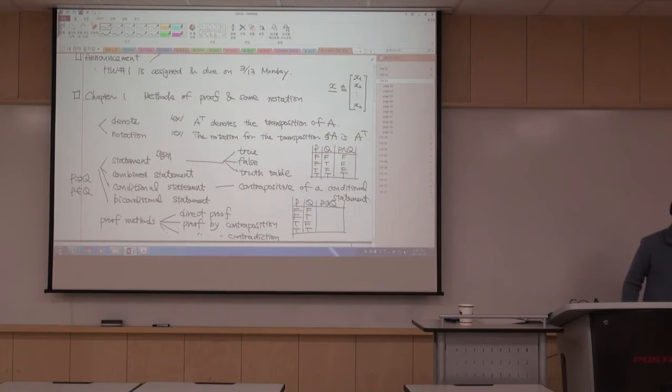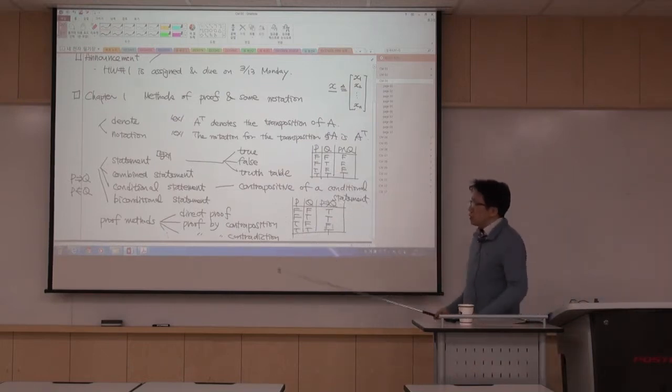So what is unintuitive? If A is false, then this conditional statement is always true, and if both are true, then it's true, and only this one is false. Okay.